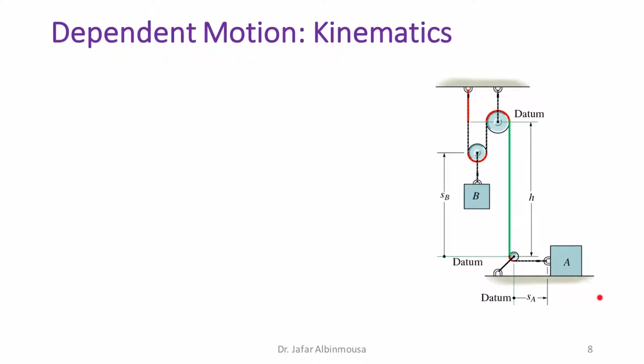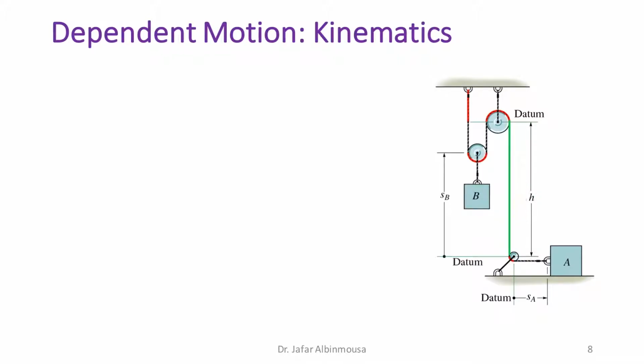Again, right-hand side is positive, left-hand side is negative. And for block B, we measured the length all the way to the pulley. Now, the pulley itself represents the displacement of block B because this distance is always the same. So when the pulley moves 1 centimeter, for example, this means you will have block B moving 1 centimeter.